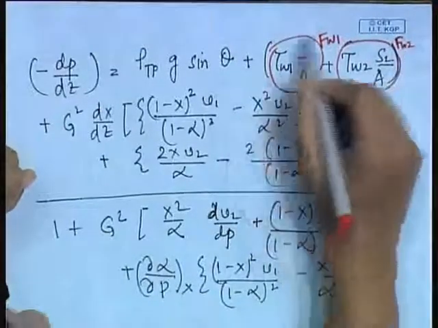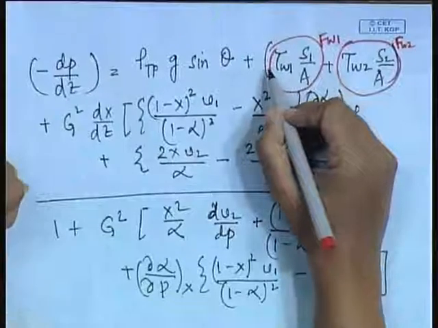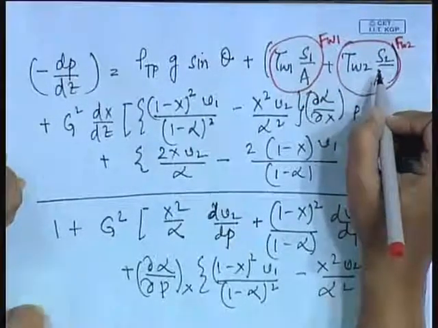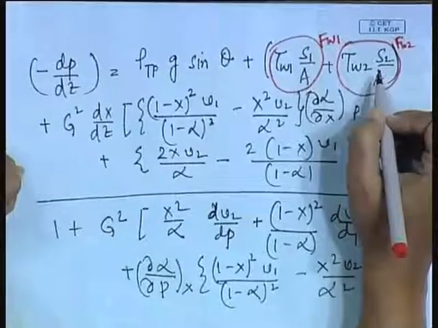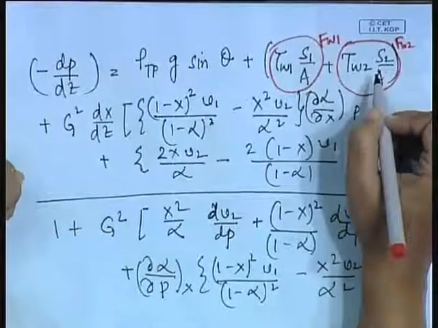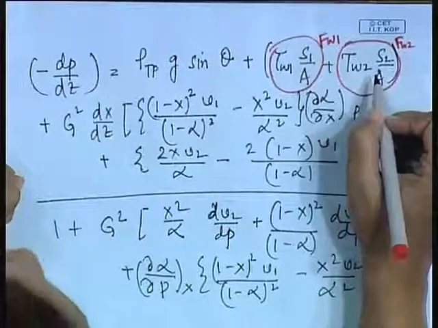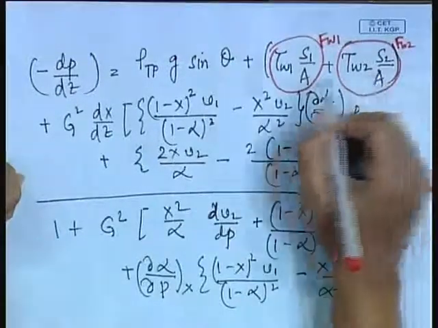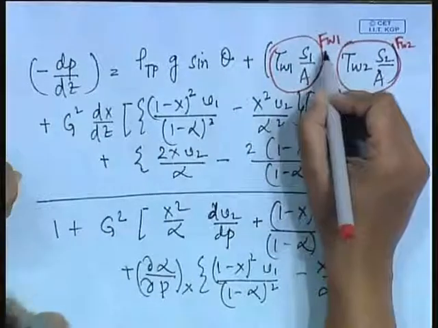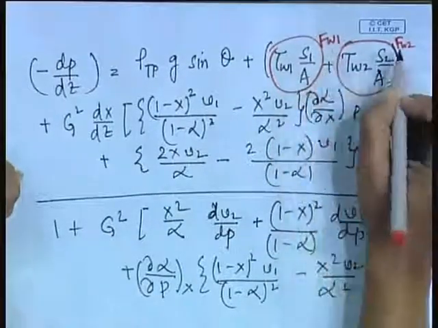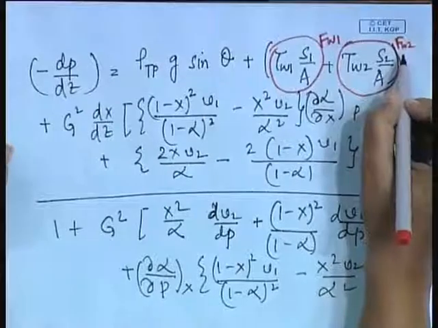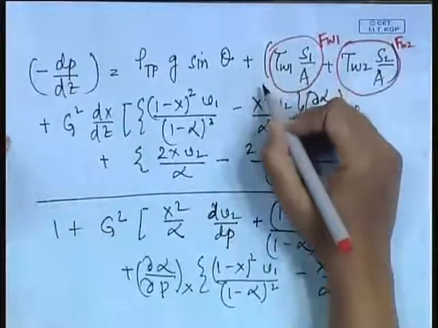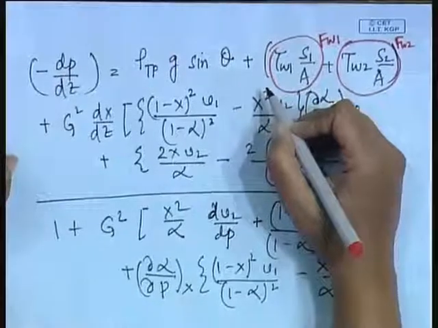To make matters simple, we can simply write the frictional pressure gradient as the summation of the frictional contributions from phase 1 and phase 2. When we consider the mixture equation, then naturally the interfacial shears cancel out, and this becomes a summation of the frictional contribution from phase 1 plus the frictional contribution from phase 2. So, this FW1 plus FW2 has to be found out.